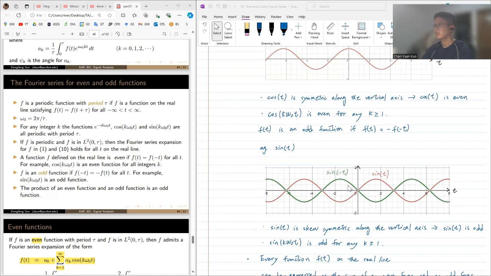You can see that if you flip the sign of sine of negative t, then it will be equal to sine of t. This means that sine of t is skew symmetric, and sine of t is an odd function. And this is also true for the functions sine of k omega naught t, for any k that is greater than or equal to 1.